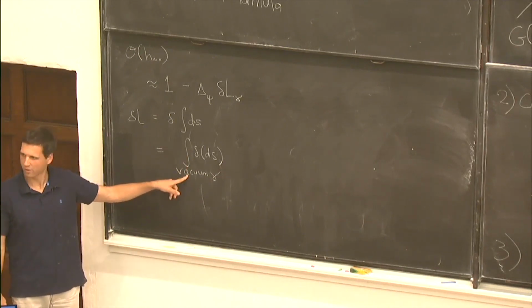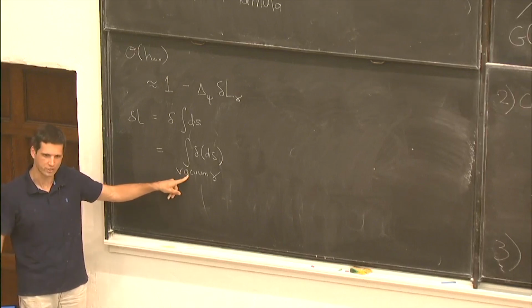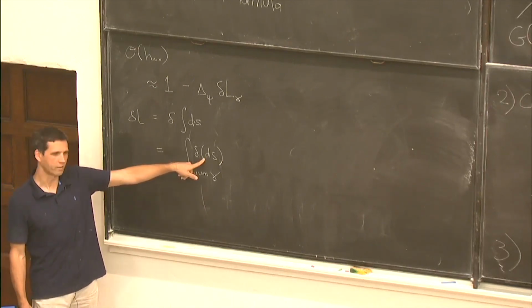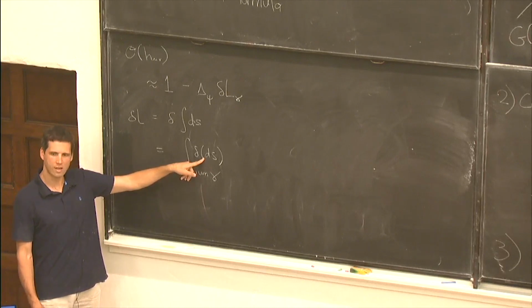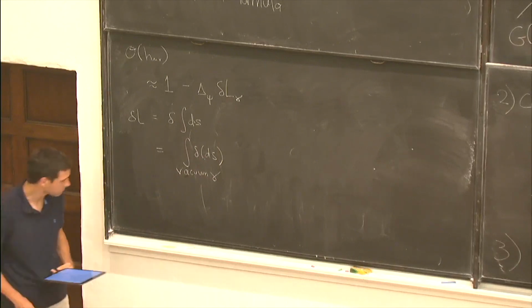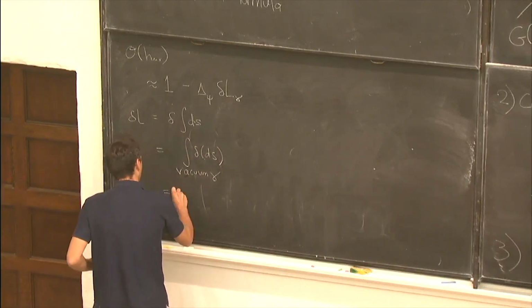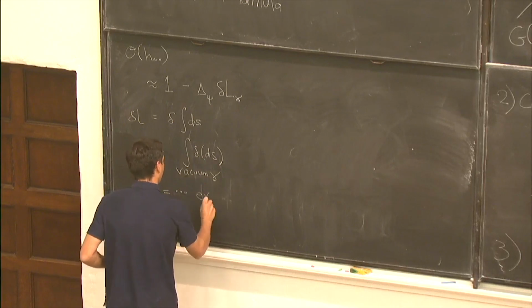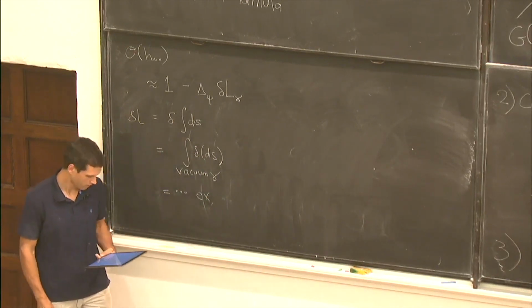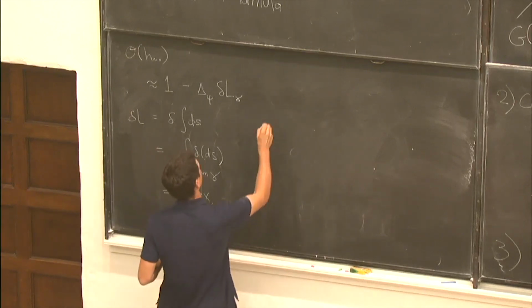So for the first order change in the geodesic length, we can just use the vacuum geodesic and calculate the change in the length element along that vacuum path. That makes this calculation very easy to do. It's in the exercises. It takes a couple lines, but I won't go through it.